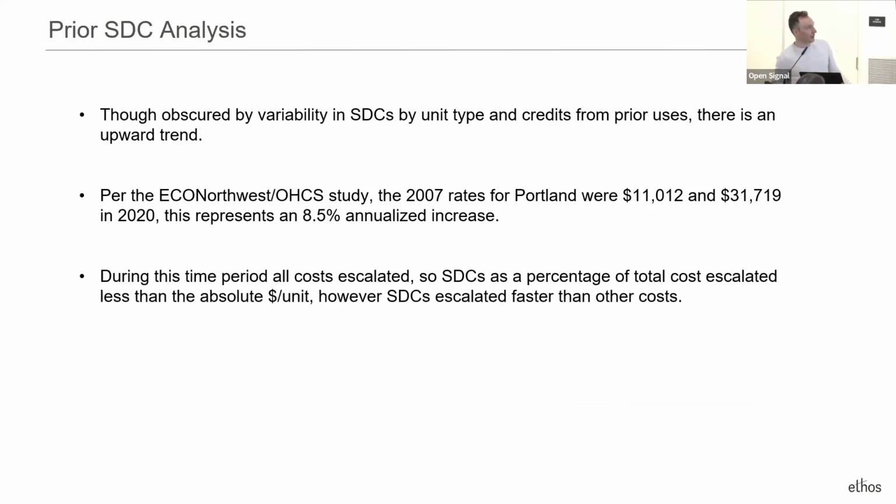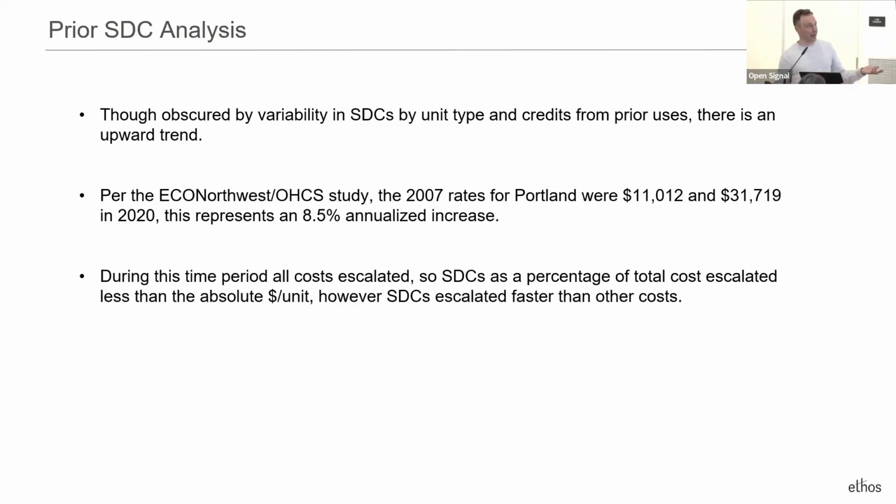We've seen some tremendous increases in SDCs. If you took the information that Elise showed for single family and broke out the Portland part, from 2007 to 2020 you'd see 8.5% annualized increases in SDCs. In the last 2 years, there's been 8.5% annualized construction cost increases, and we're calling it an inflation catastrophe. It's halting construction all over the country.